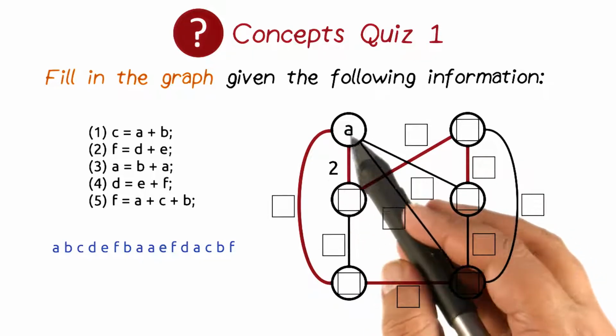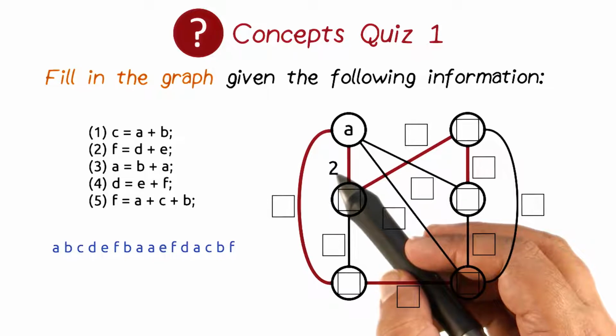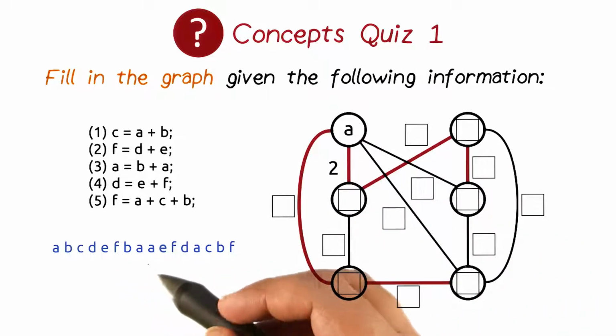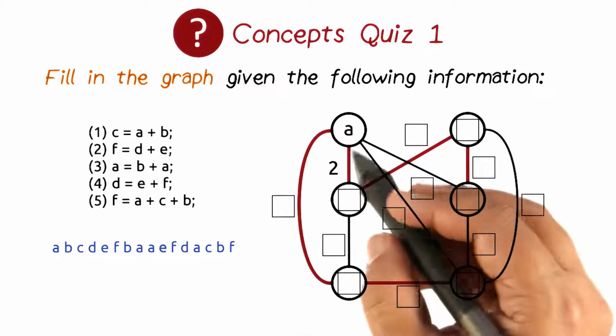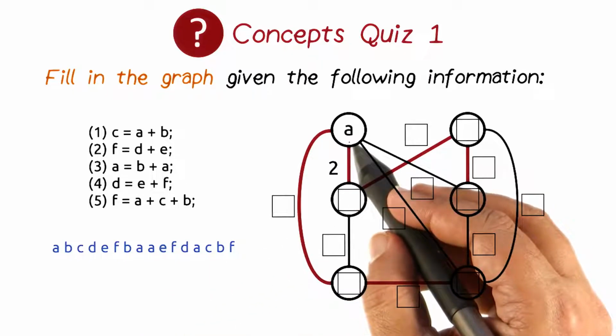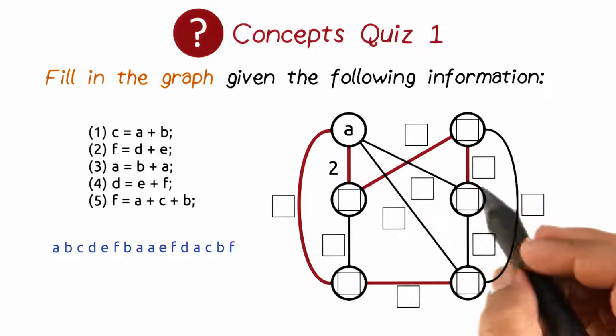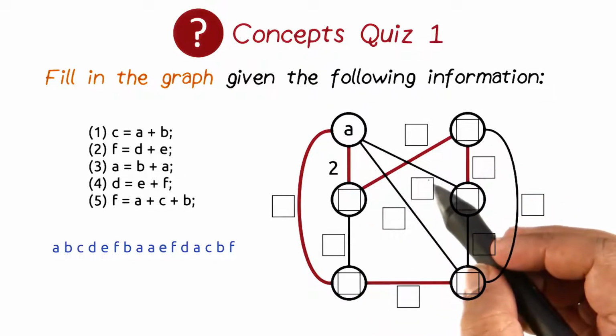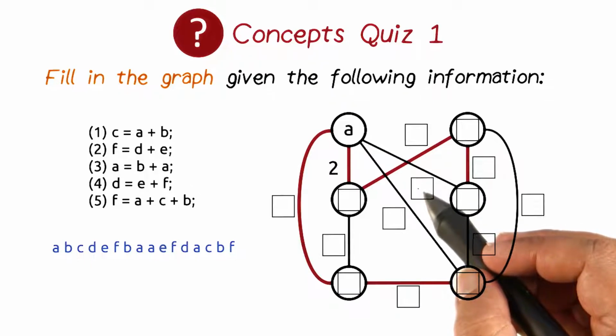You need to put something here to make sure that this edge gets the right access frequency. So using this information of the access sequence on the left hand side and the hint that is given to you and the initial starting point, go ahead and fill up the different nodes here and the frequencies of the edges of the access sequence. Please go ahead and mark your answers now.